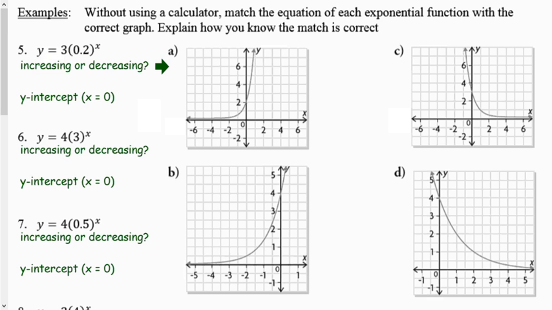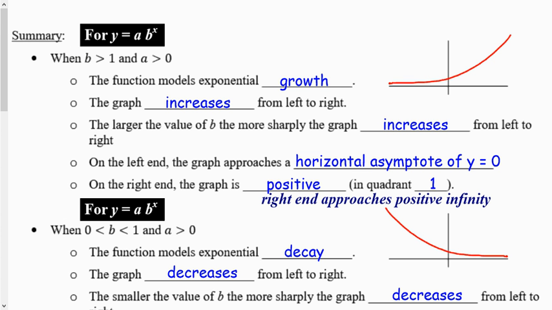You'll remember from the previous notes in 6.1, my graph is going to increase as I go from left to right if my b value is greater than 1. If my b value is between 0 and 1, my graph will decrease as I go from left to right.